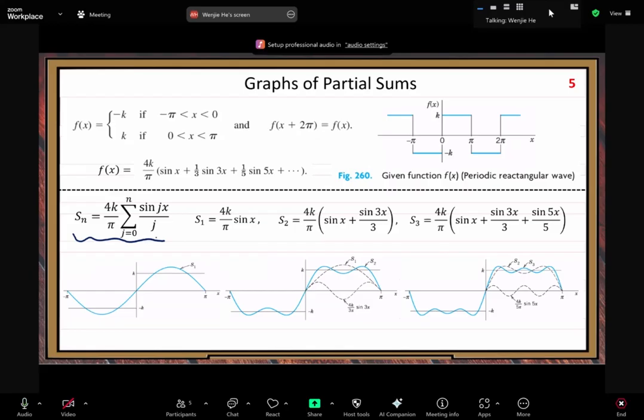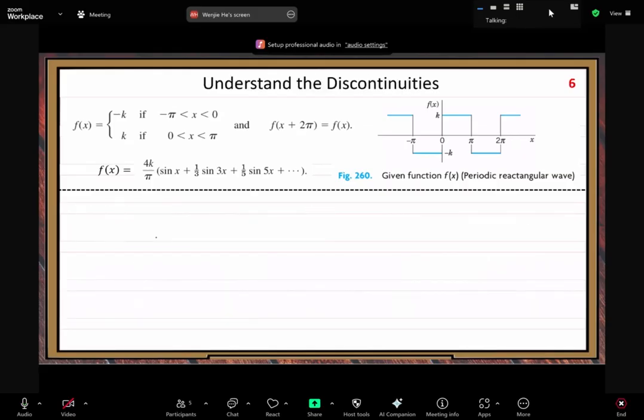If you want to specify a certain error, you can always choose the number of terms such that the error is within that specified number. So in that way, you can see it is a great approximation. Understand now.